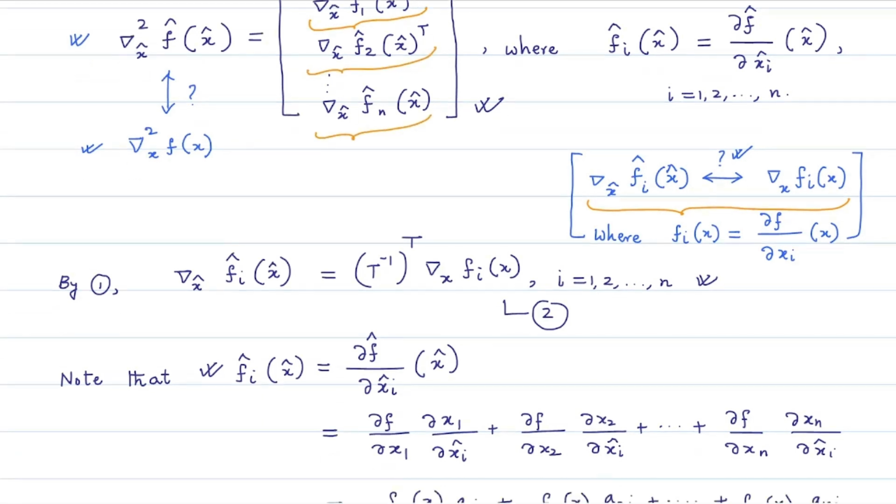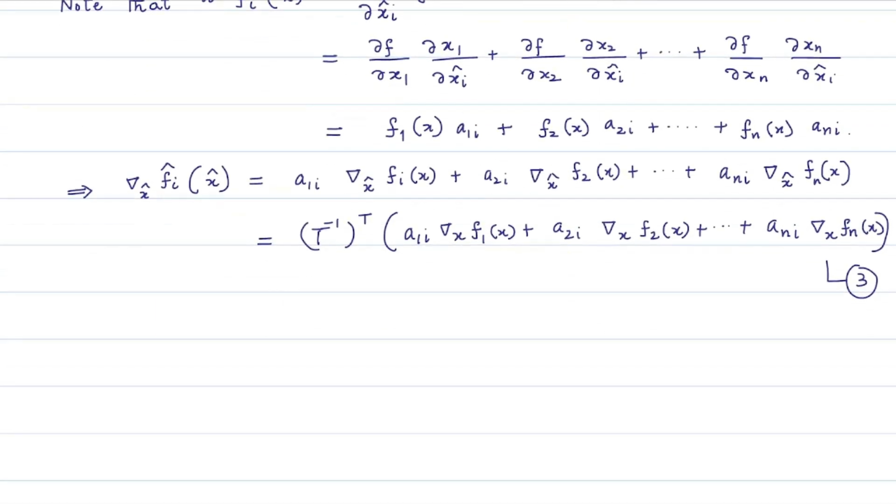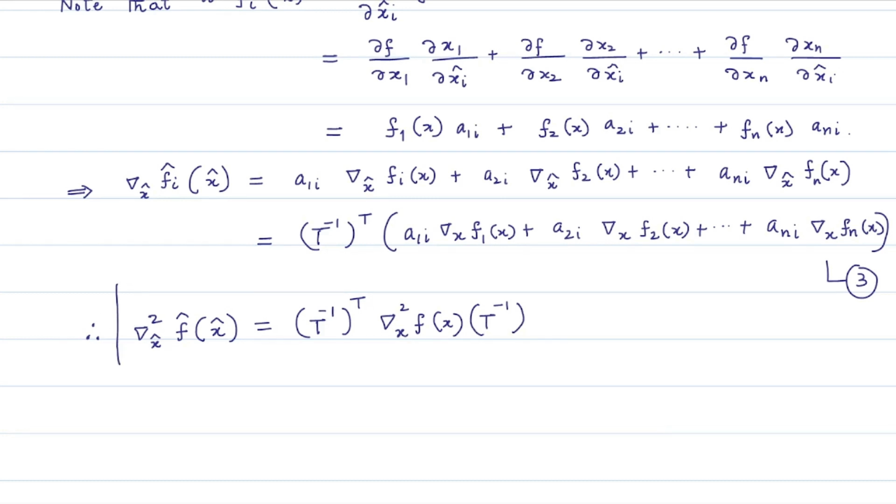You will get that the Hessian of the function f hat with respect to x hat is T inverse transpose, the Hessian with respect to x of the function f at x, times the inverse of the transformation matrix. Please cross verify this equation by plugging the expression in this equation 3 into the original definition of the Hessian of f hat with respect to x hat.